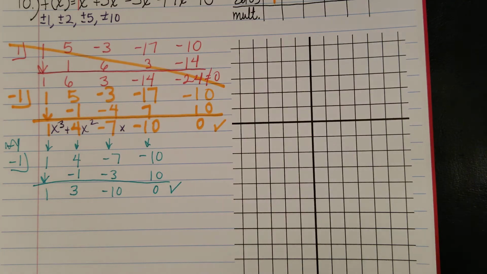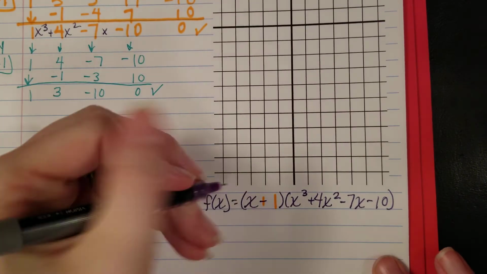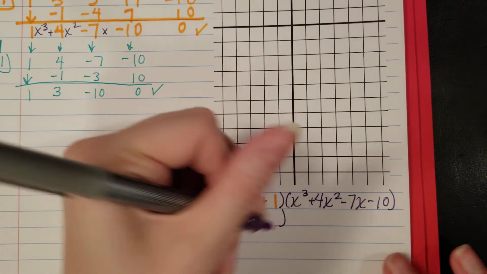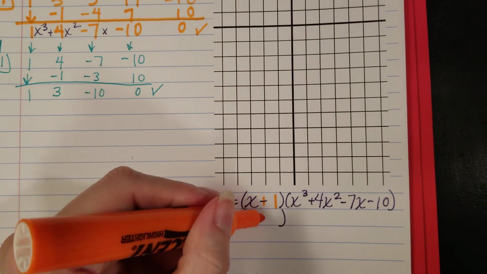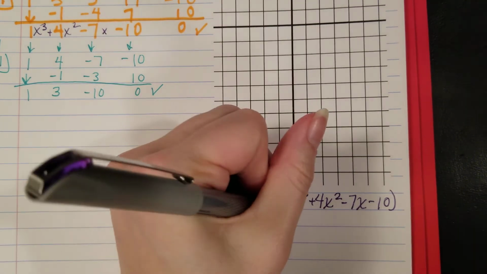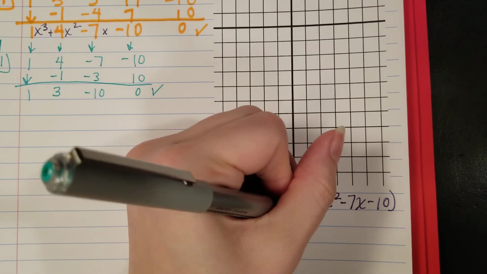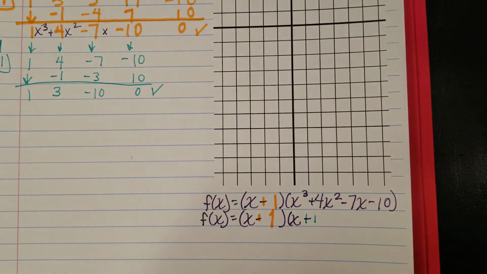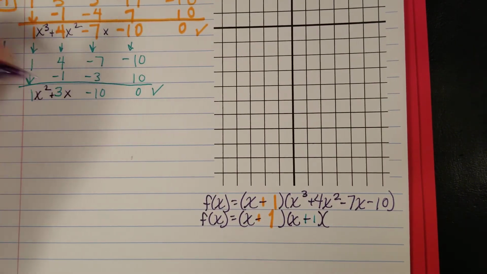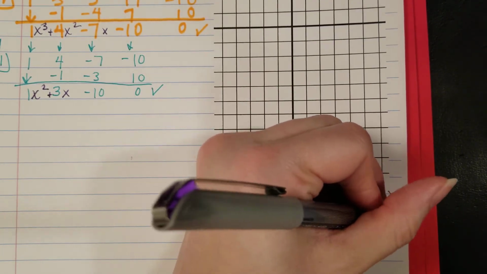Okay, so here we go. That's x squared, and that's x. So x squared plus 3x minus 10.